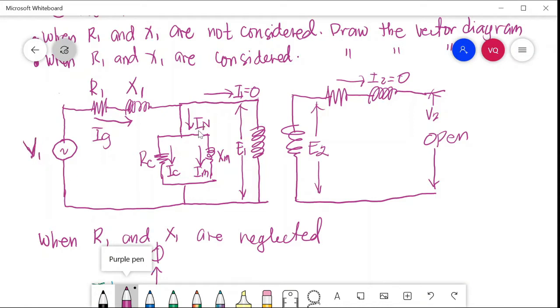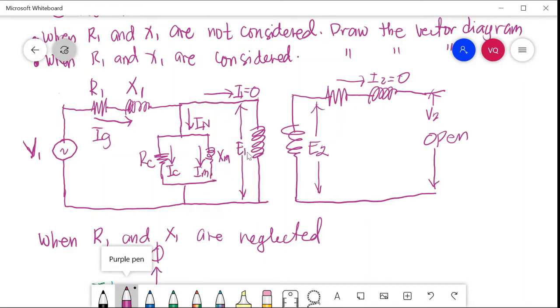We have here I0, the no load current, and it has to supply the copper resistance here, the winding resistance, which has a current of Ic, and also the magnetizing reactance, the inductor, which has a current of Im.